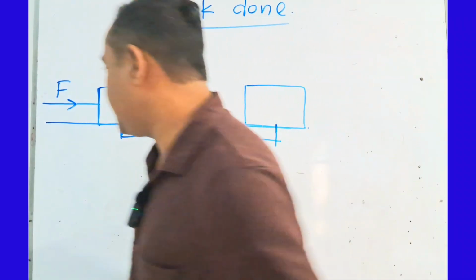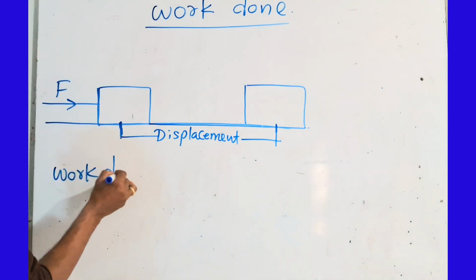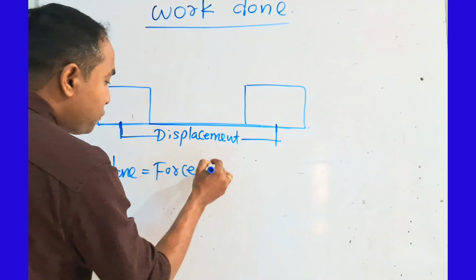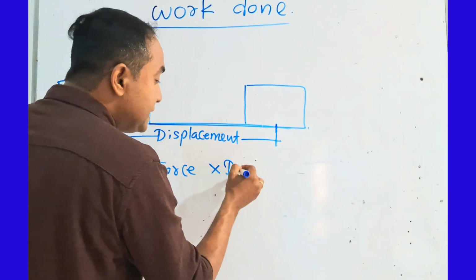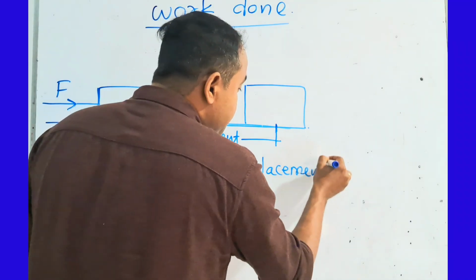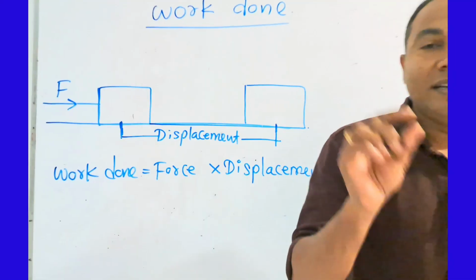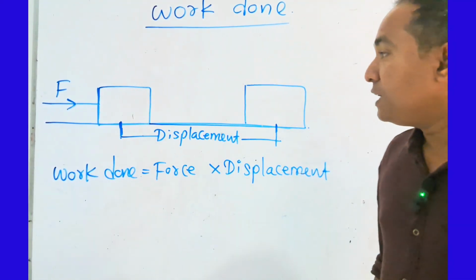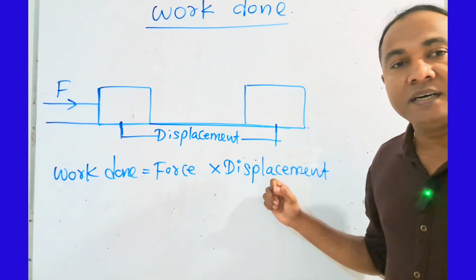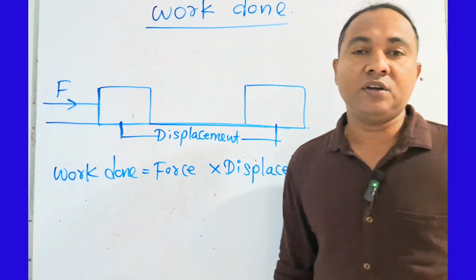You must remember, work done means the product of the force and displacement. The definition of work done is the product of the force and displacement in the direction of the force.